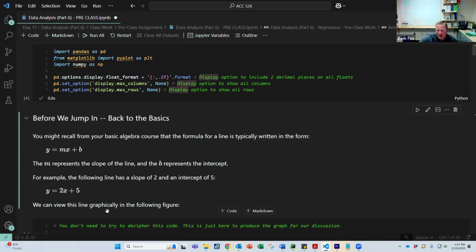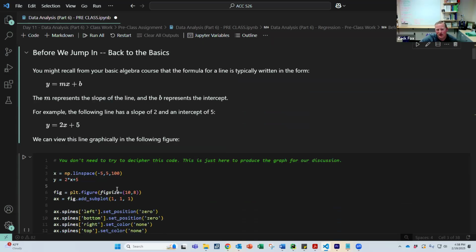In the following example, the line has a slope of 2 and an intercept of 5, meaning it's going to cross the y-axis at 5 and slope upward with 2x.